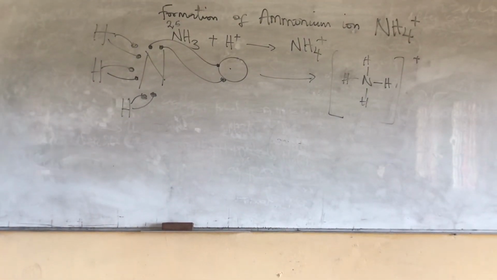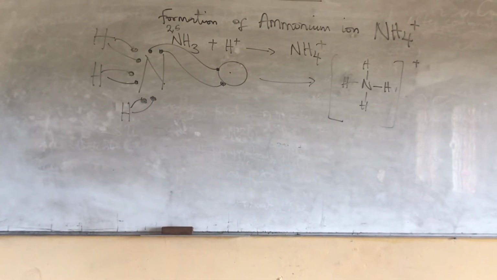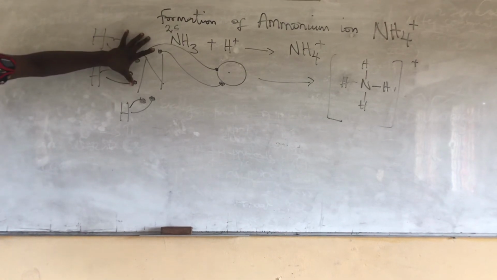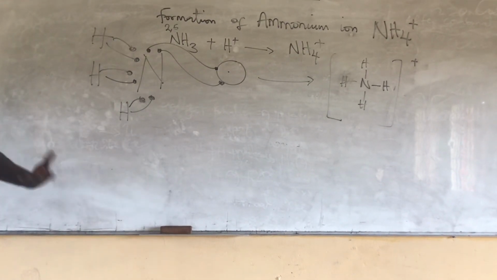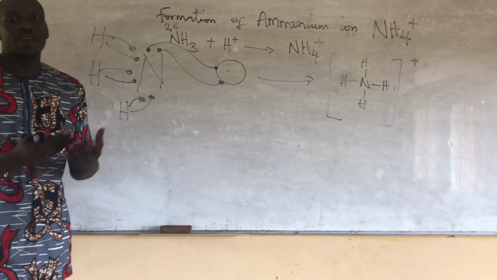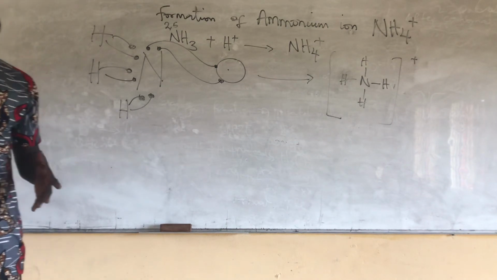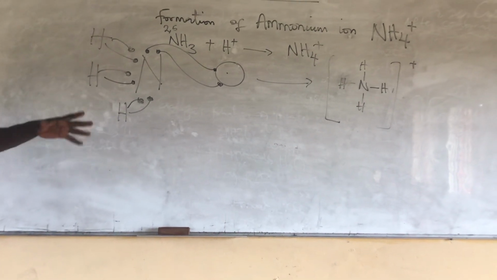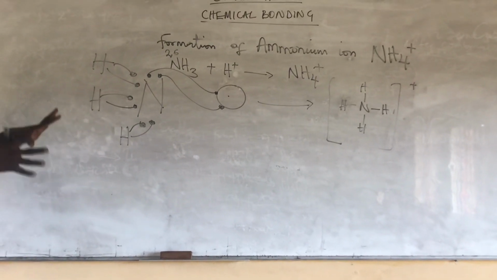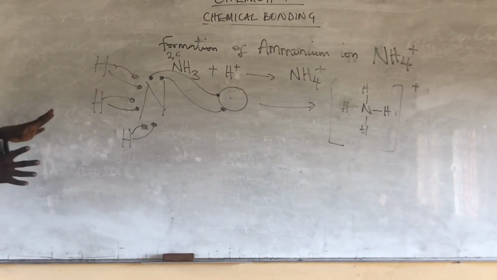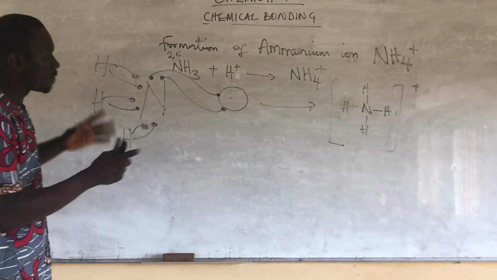We said coordinate covalent is the type of covalent bonding that involves one atom providing the 2 electrons to be shared, while ordinary covalent involves the sharing of electrons between the 2 atoms. So I believe we understand these characteristics of covalent compounds, and this gave them their special and unique characteristics. There is no formation of ion, it is only an aggregate of molecules.